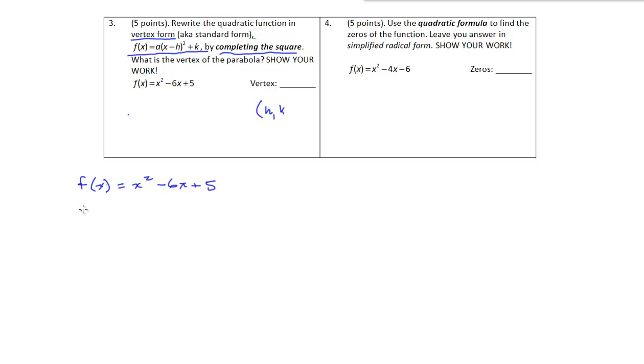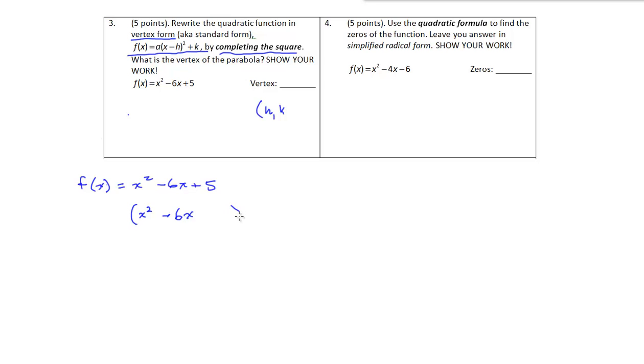If we're rewriting a function in vertex form, we still isolate the 5, but we will keep it on the same side because we're not solving an equation. We're just rewriting this right-hand side.